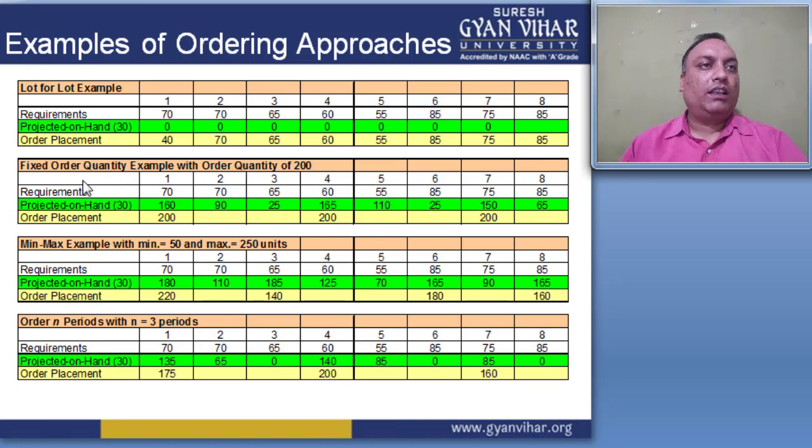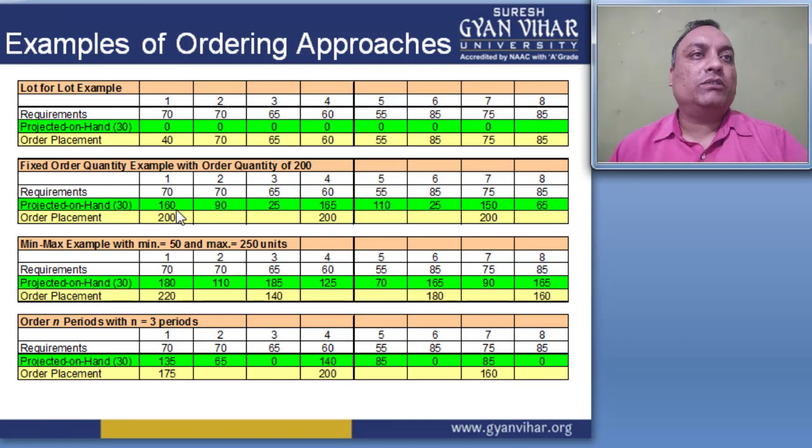So this is the lot-for-lot example. And this is the fixed order quantity example with a maximum order quantity of 200.